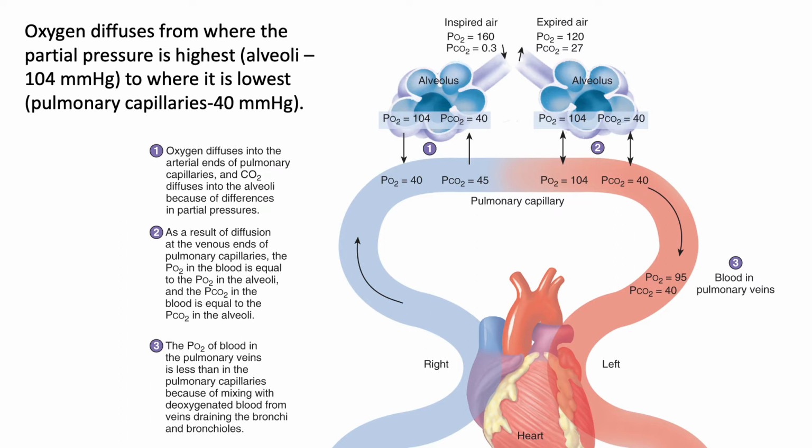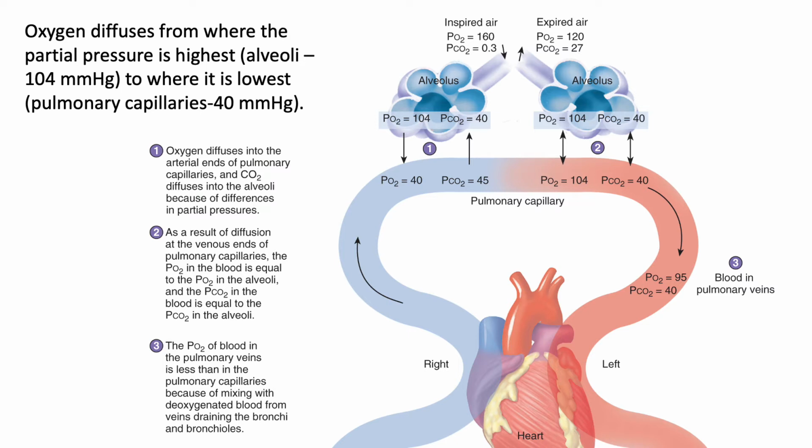So as you leave the pulmonary capillaries, you have a partial pressure of 104 for the oxygen and a partial pressure of CO2 of 40. Now, the partial pressure of oxygen reduces slightly, if you see, between step 2 and step 3, due to the mixing of deoxygenated blood from the bronchial arteries and veins that we mentioned in the slide before.